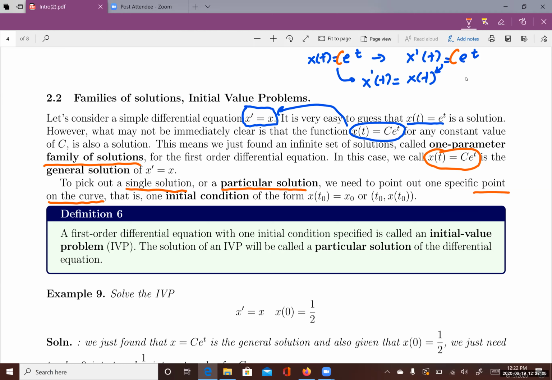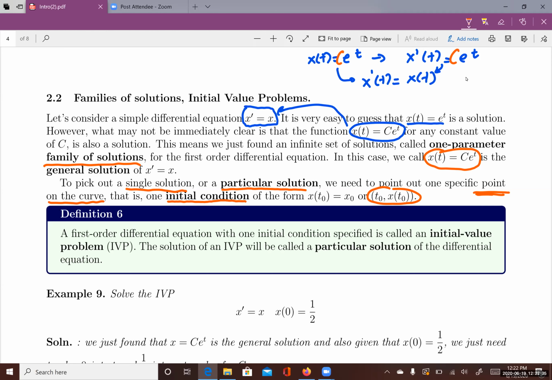Right, a point on the curve of the unknown function, which is called an initial condition, then you can find a particular solution. And usually this specific point can be in the form x of t0 equals x0, or you have a point (t0, x0) that is one specific point on the curve of the unknown function.